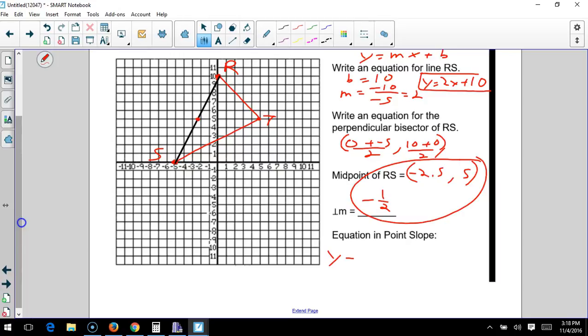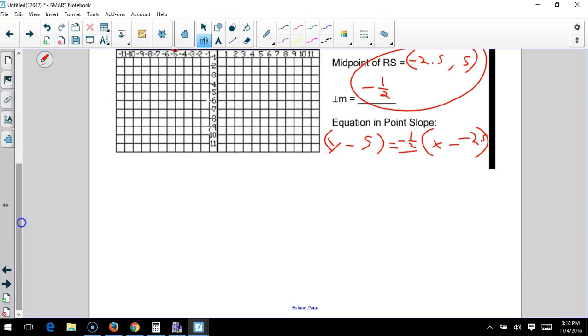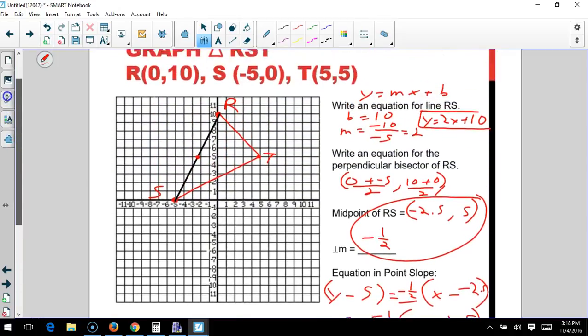Again, we write y minus, we leave it blank, equals m times x minus, we leave it blank. And we drop in our y, 5. We drop in our x, -2.5. And we drop in our slope. And if we want to clean that up, y minus 5 equals -1/2 times x plus 2.5.